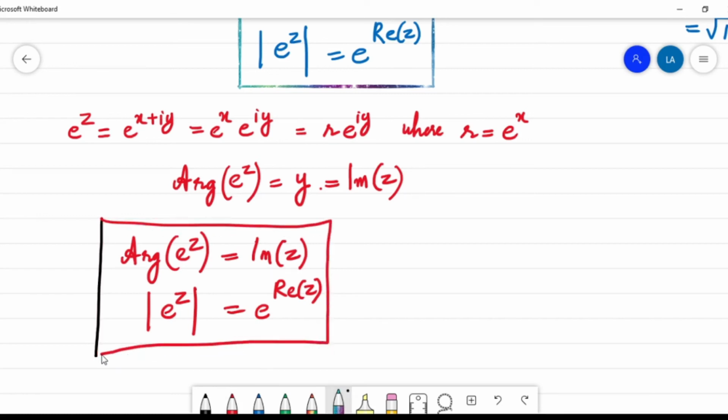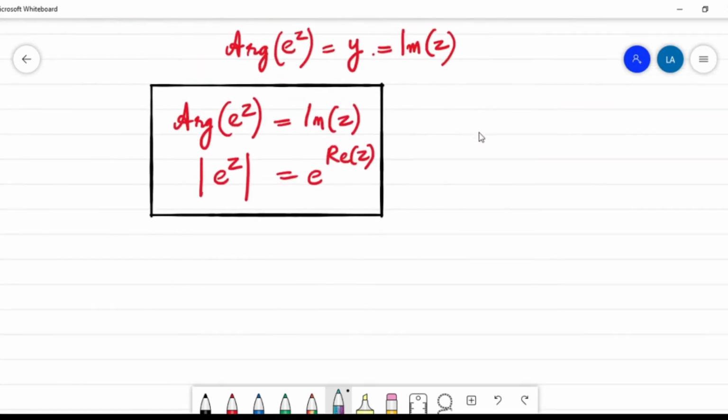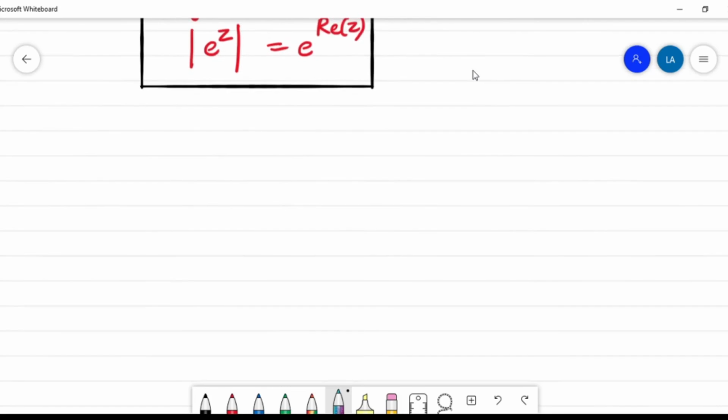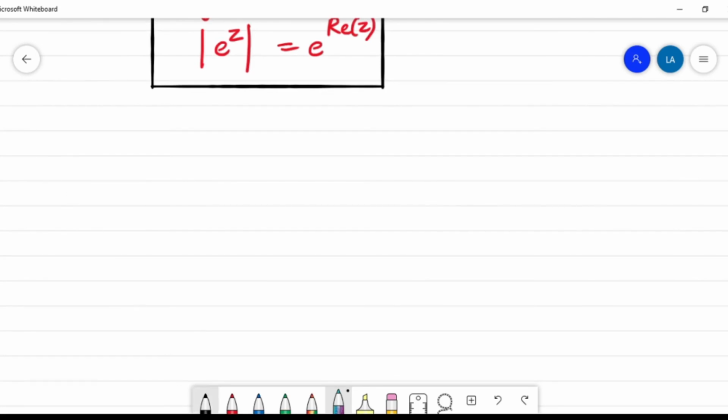So, these are both important concepts to think over. Now, we are thinking about the property of periodicity of e raised to z.